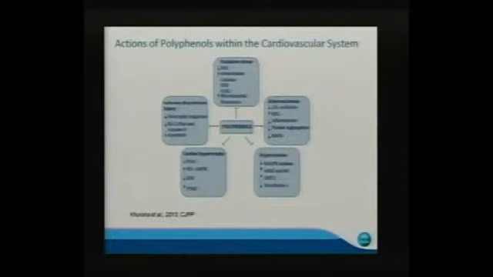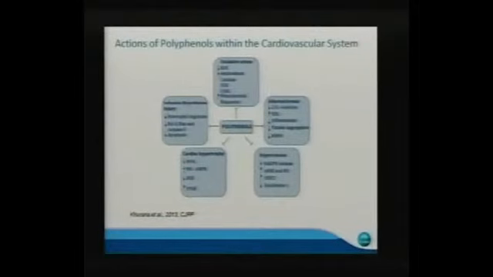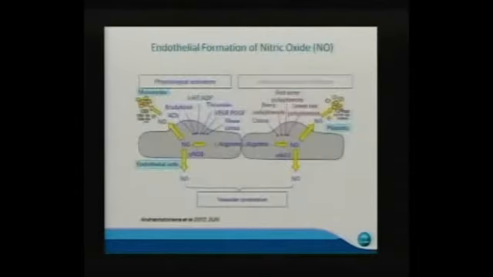Those are enzymes that are involved in plaque stability. So there is some emerging evidence that polyphenol consumption may promote stability of a plaque, but there is more work to be done. And cardiac hypertrophy is influenced, hypertension, blood pressure, and its related actions are mediated through those different mechanisms within that box.